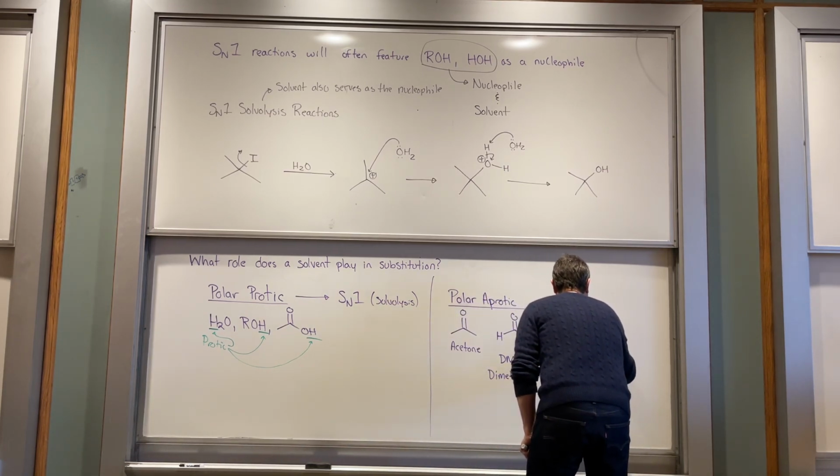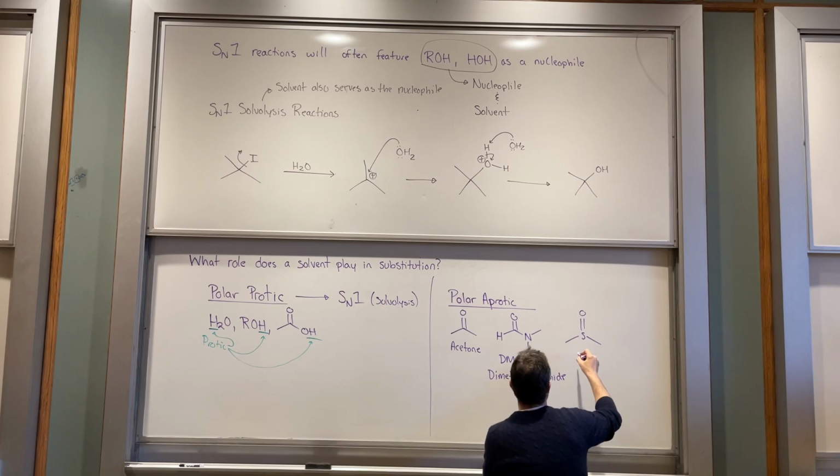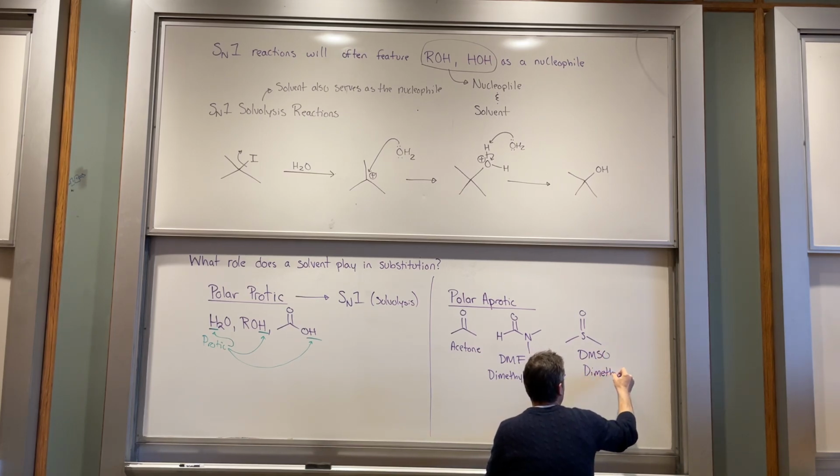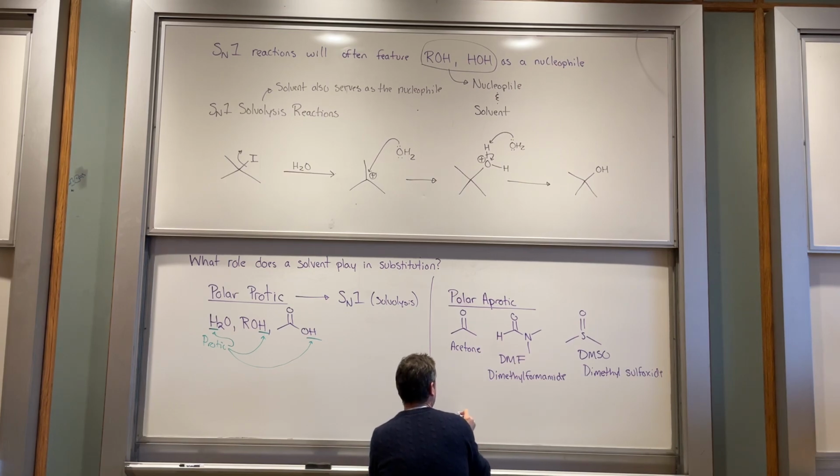DMSO is another one that's complicated but often used for SN2 reactions. And then put one more here, acetonitrile.